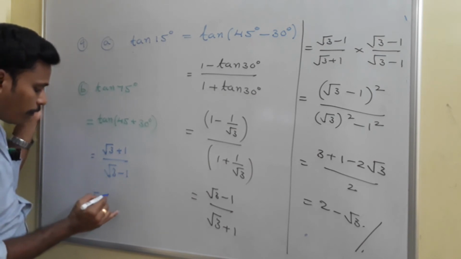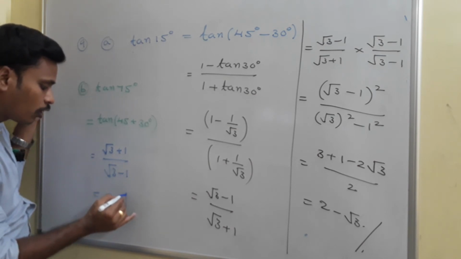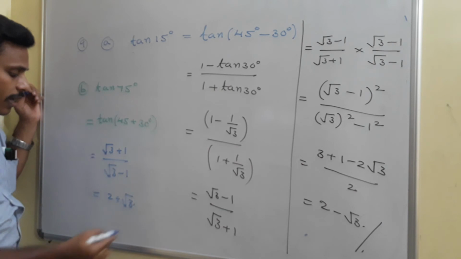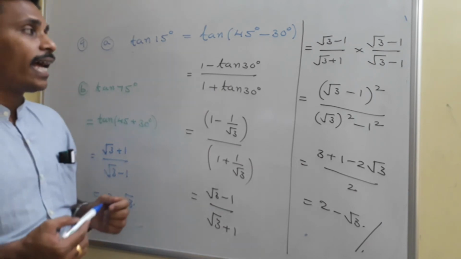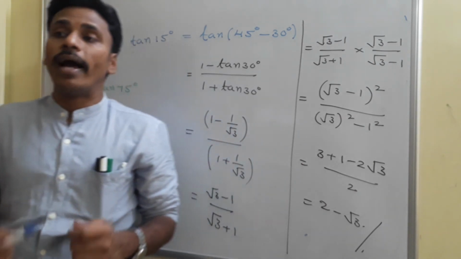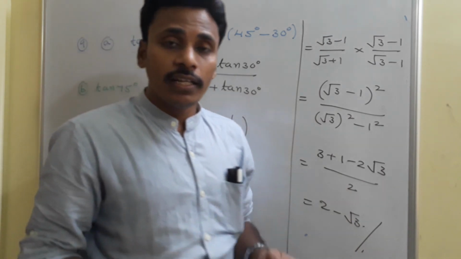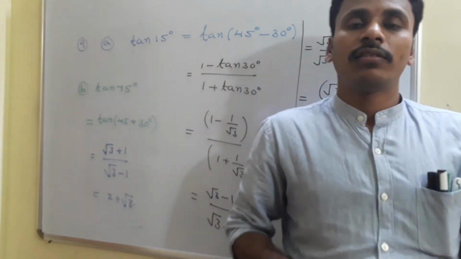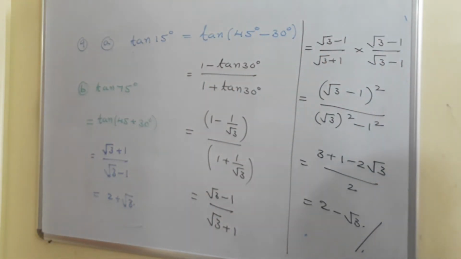On further simplification, you will get 2 plus root 3. At the end, tan 15 degrees is 2 minus root 3, and tan 75 degrees is 2 plus root 3. Just have a look and you need to memorize these two values.